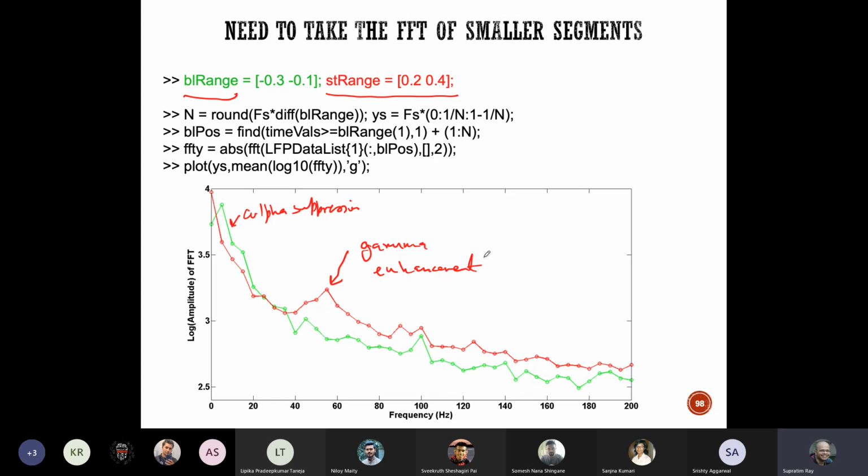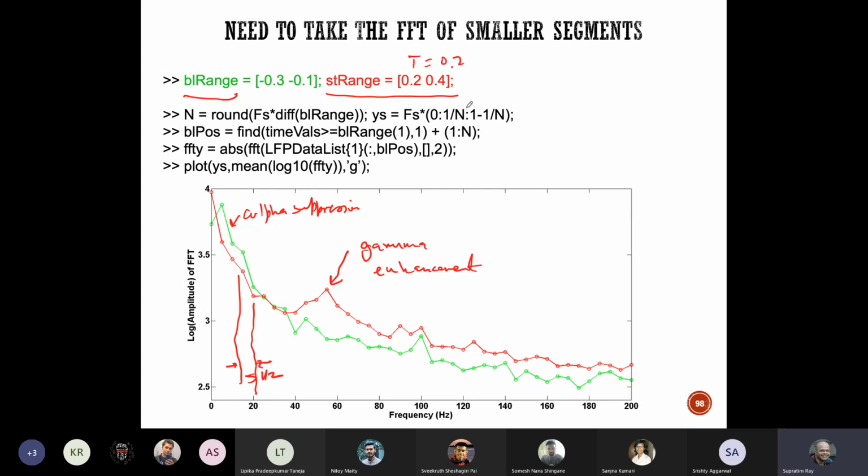Now notice the spacing between any 2 points: this is 0, this is 5 hertz, the next one is 10, 15, 20. So my delta F is 5 hertz, because the time duration T is 0.2.